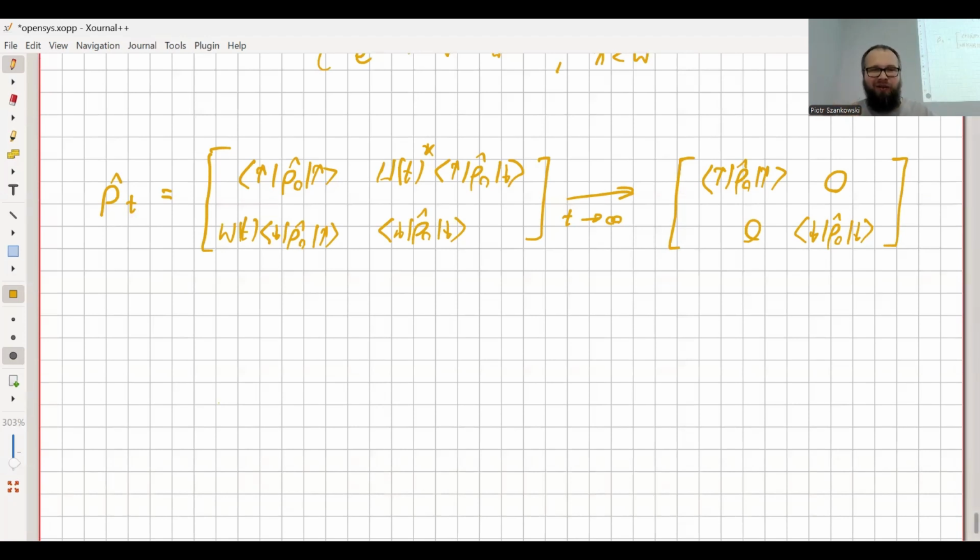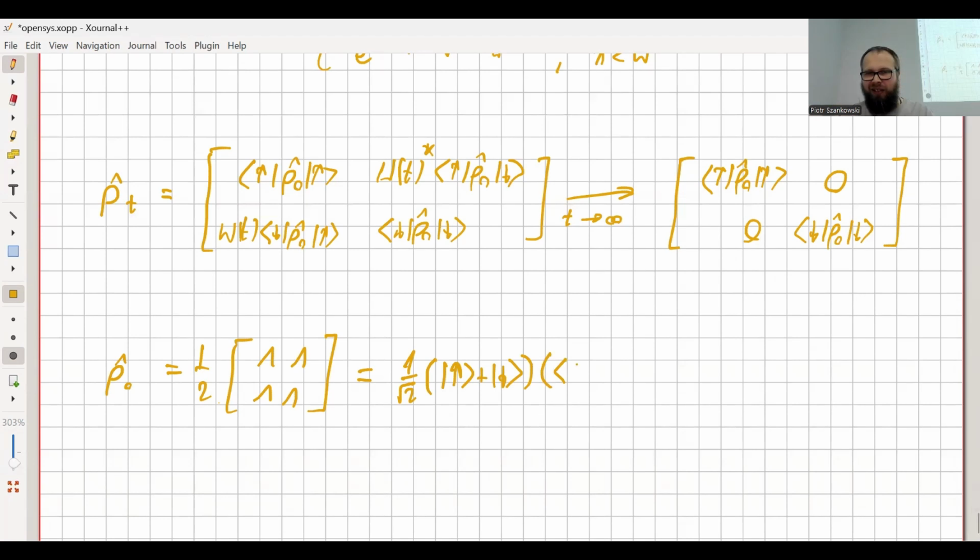For example, take rho 0 as one half times the matrix 1, 1, 1, 1, which is essentially a projection on the state up plus down, an equal superposition between up and down.